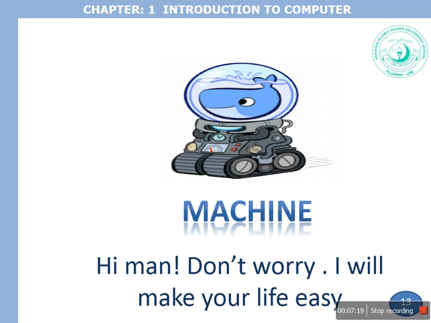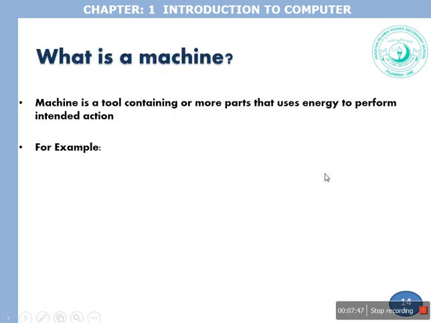A machine is, we can say, our servant. We are like the boss. We assign the task to the machine and it does our job within a few minutes. Look at this machine. Hi man, don't worry, I will make your life easy. And everyone wants to make his or her life easy.